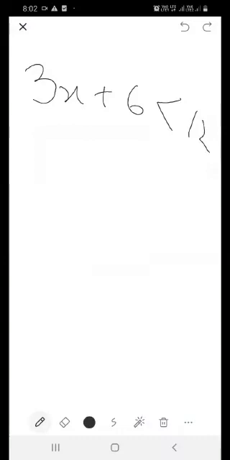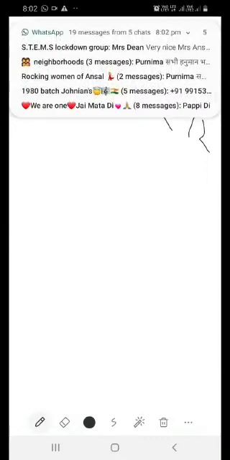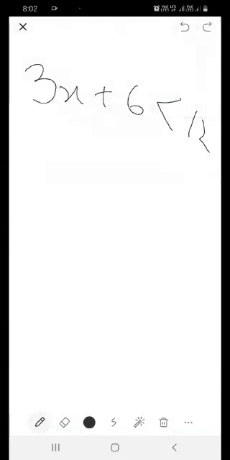Now if I write a simple inequation as 3x plus 6 is less than 12, and you have to tell the value of x, the replacement set for x will also be given to you.